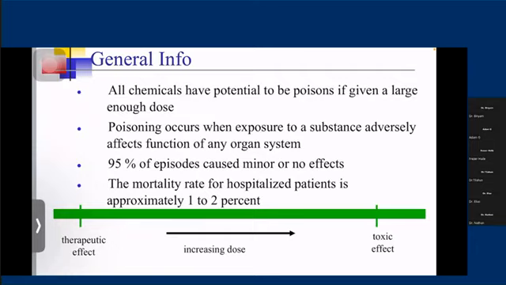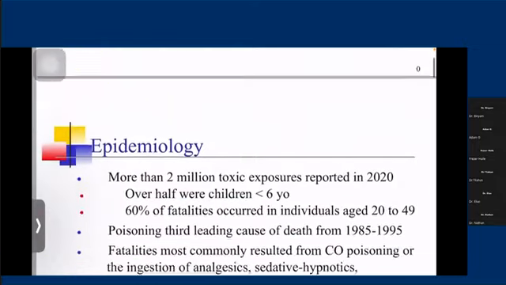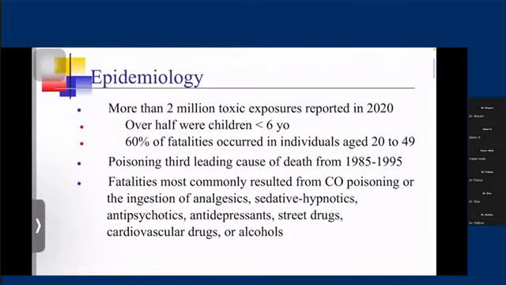As you can see from the picture, any substance can cause poisoning depending on the dose. With epidemiology, as I mentioned in the first slide, more than 2 million toxic exposures were reported in 2020. This is an American study.